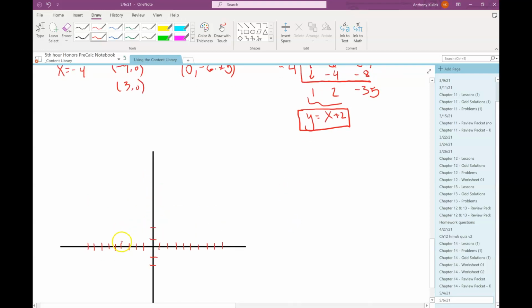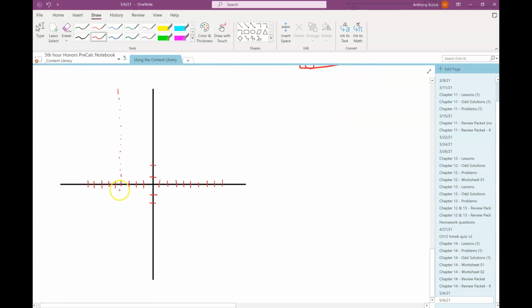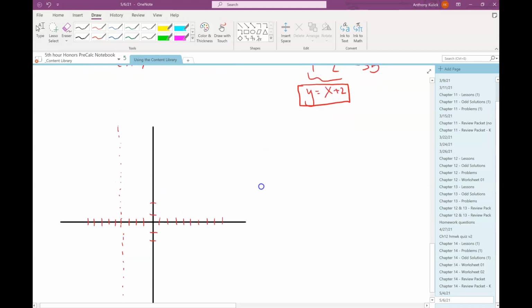So I have -4. And then y equals x plus 2. So I'm going to use the y-intercept, 0, 2, and the x-intercept, that's -2, 0.